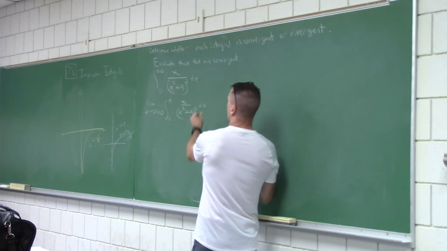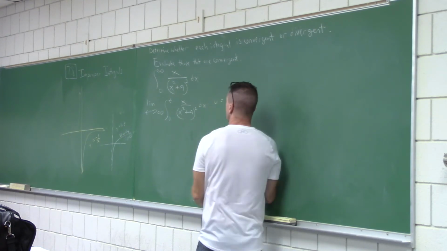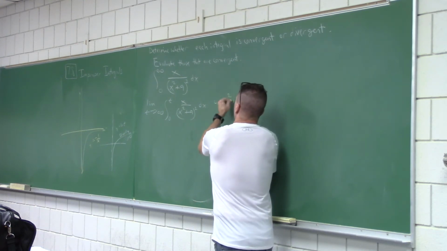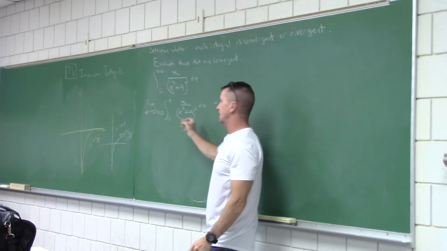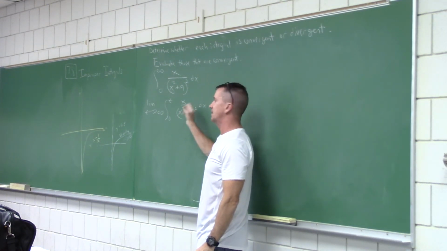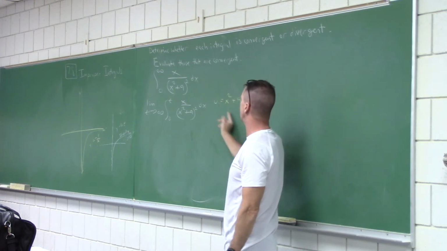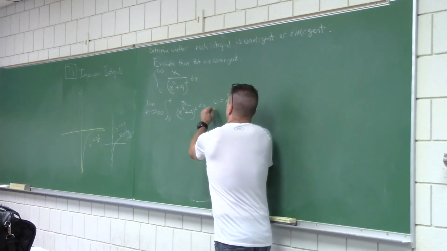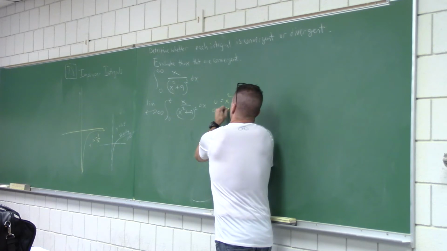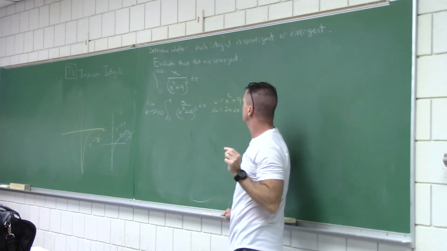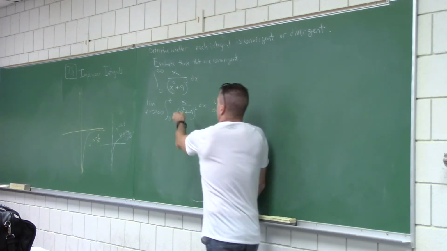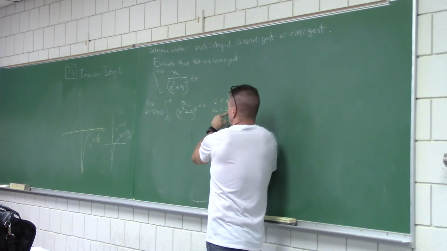So I'll go off to the side, let u equal x squared plus 9, but nothing else. The worst is when you let u equal x squared plus 9, squared, and then this gets really complicated. No, this is all we need. So what's du? 2x dx. I want to knock out the x dx, so let's divide by 2 on both sides.